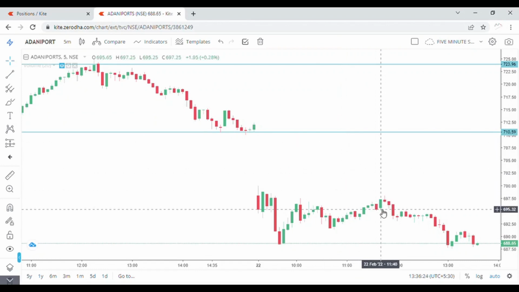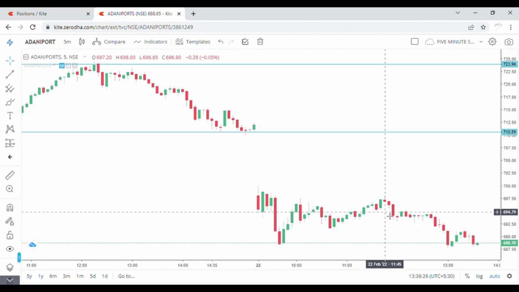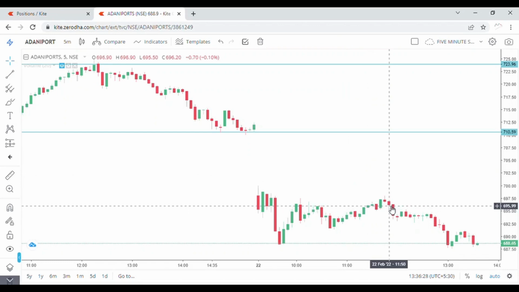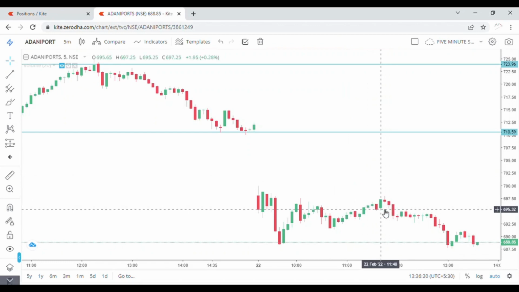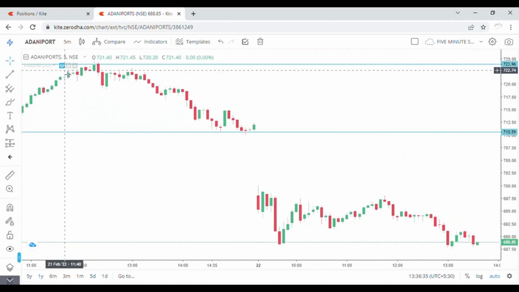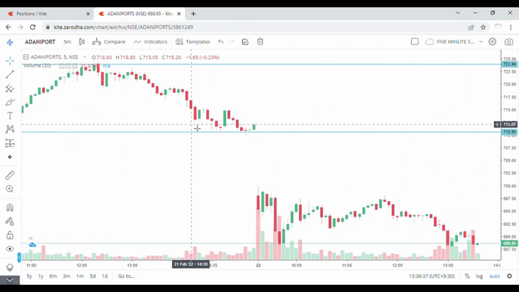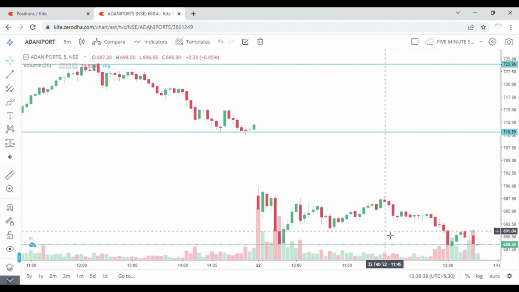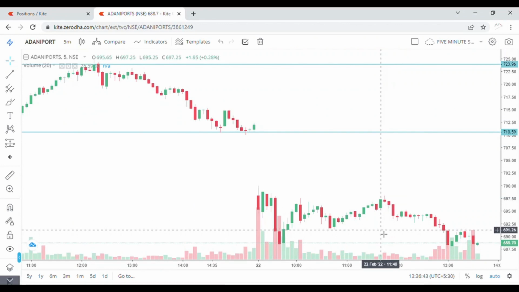You can say it is a morning star, but for this I confirmed from the volume. Out of these three candles I got higher volume just in the middle one, so that is a kind of shooting star pattern.